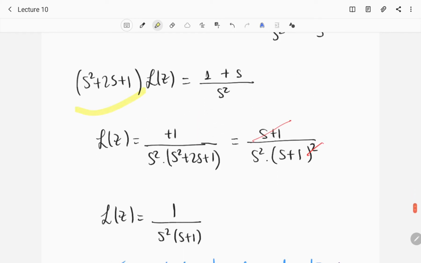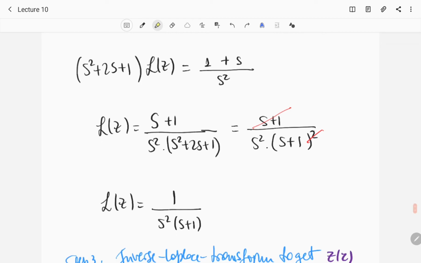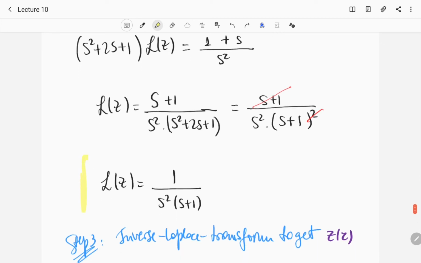And now we divide by this polynomial, and here there is an s missing. If we pay attention to this term, this is exactly s plus 1 squared. So we can cancel this square with this s plus 1. And finally, we get this expression, 1 over s squared times s plus 1.